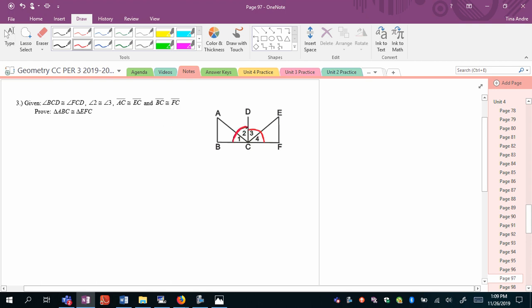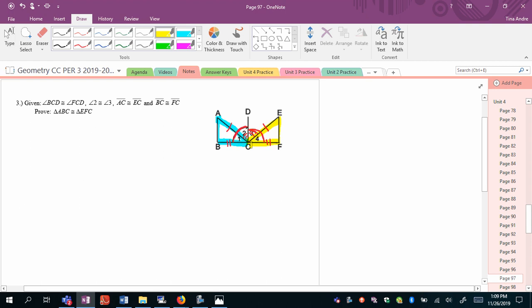So then I have angle 2 is congruent to angle 3. So those small parts are congruent. So right away I'm thinking, well, if the whole things are congruent and then these little parts are congruent, I could subtract those off and get angles 1 and 4 congruent, which is looking like what it's going to be helpful to do. So then I have AC and EC congruent for sides, and BC and FC congruent for sides, and we're trying to prove that ABC, so this triangle here, is congruent to EFC.